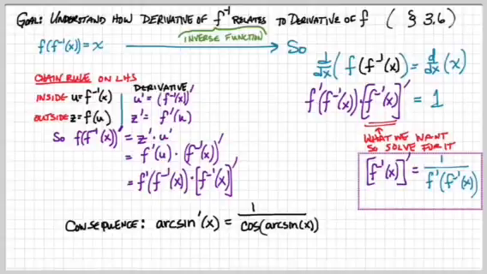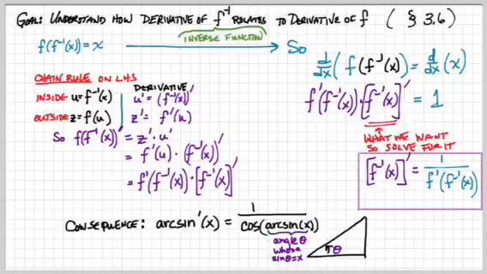Maybe that doesn't look too exciting, but remember what arcsine represents. Arcsine is the angle whose sine gives you an answer of x. So let's draw a little right triangle over here with an angle theta, and let's label the lengths of our triangle so that the sine is x.